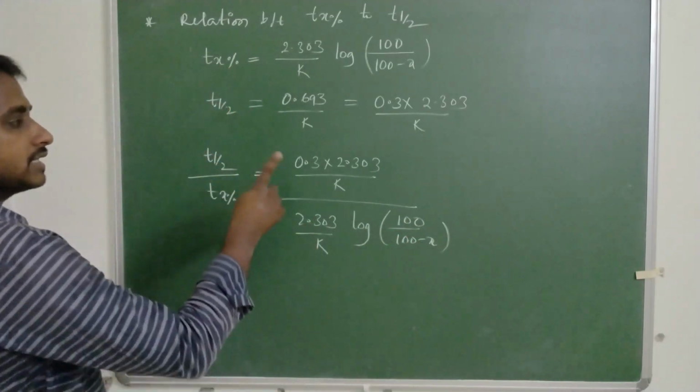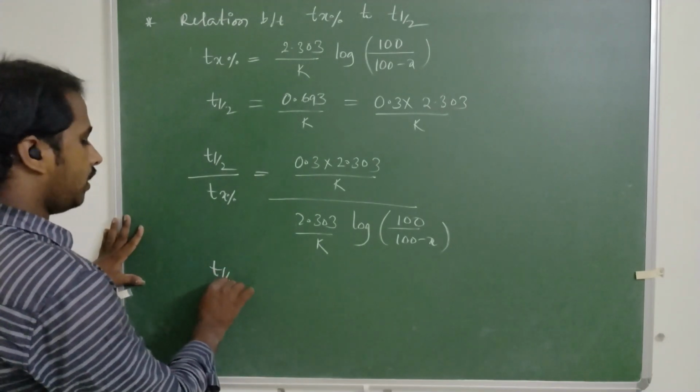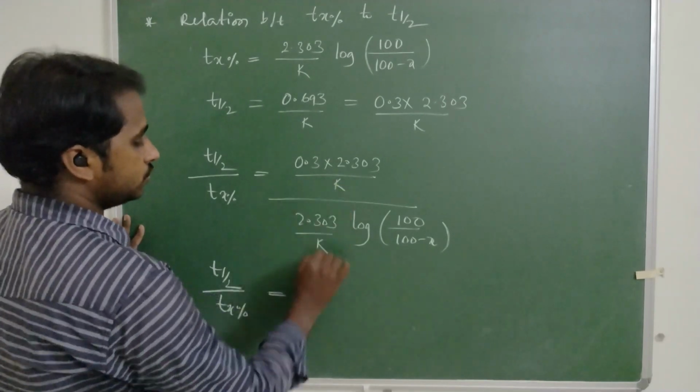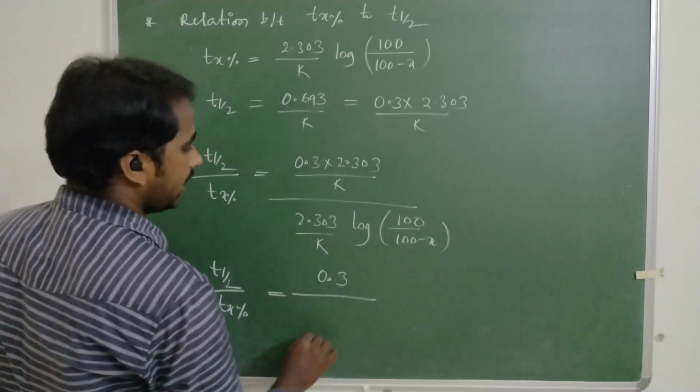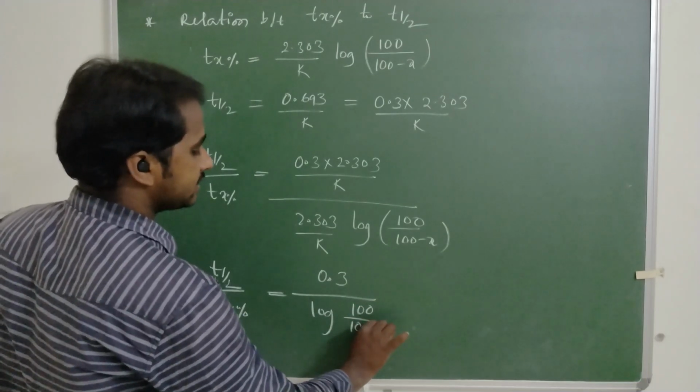So 2.303 by k gets cancelled. So t half by t x percentage is equal to 0.3 by log 100 by (100 minus x).